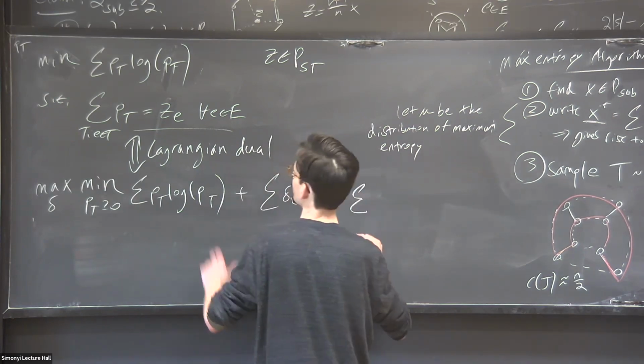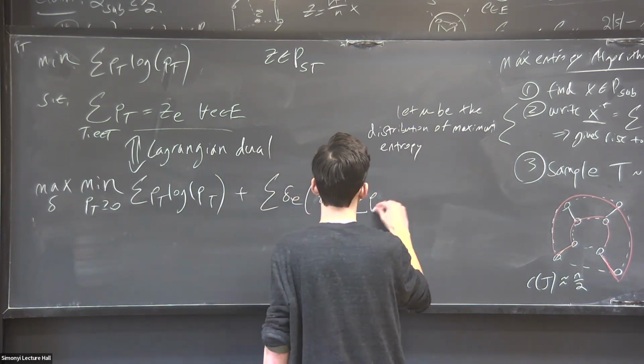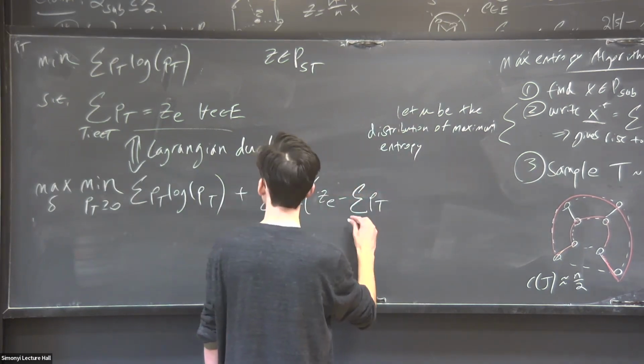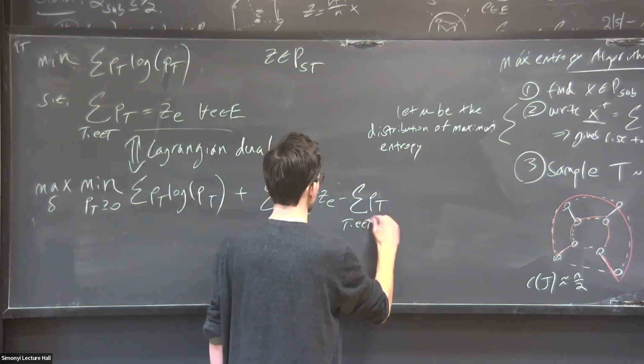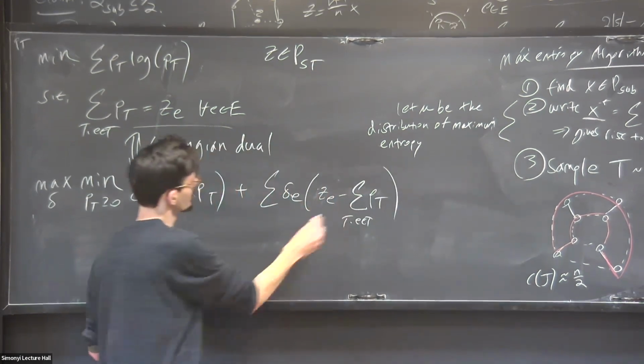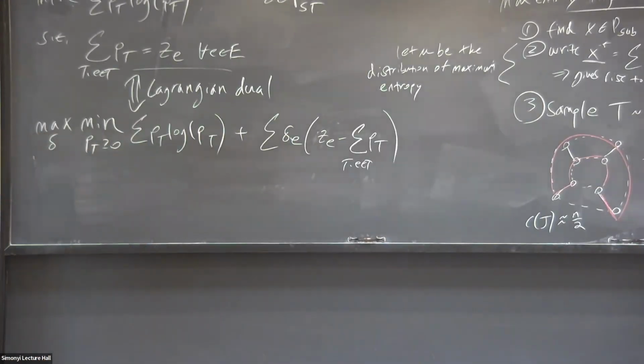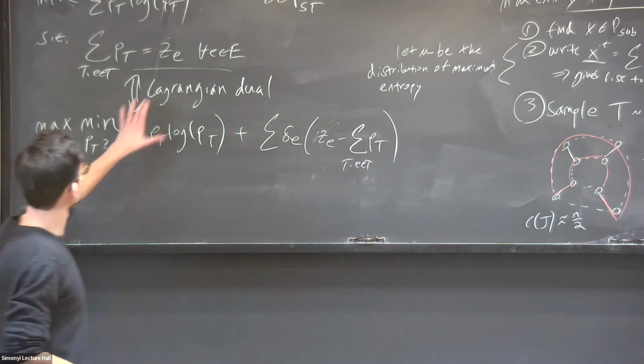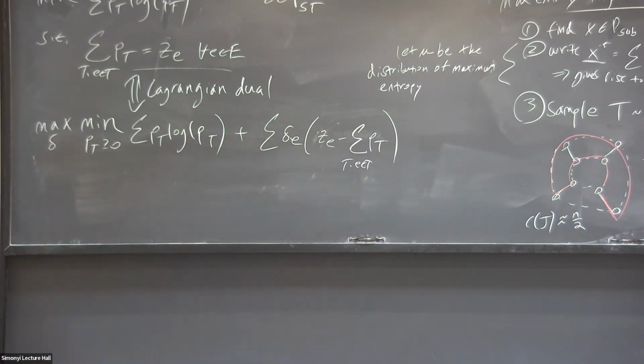So ZE minus the sum of PT is encoded here. So delta E is, for every variable, a penalty value. Exactly, I'm creating a penalty for all of these constraints, all these edges.